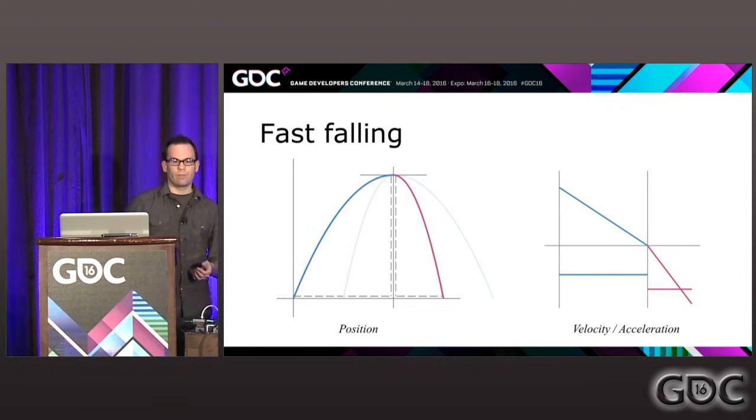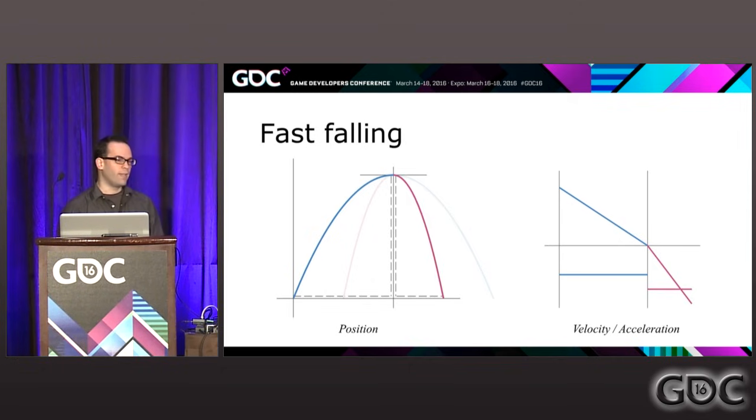Now, from the materials that we've already covered, we have everything that we need to calculate an initial velocity and a gravity for each part of this trajectory. We only need the initial velocity for the first part, as our character is taking off from the ground. But what we would do then is we would apply gravity over time for the first half of the curve.